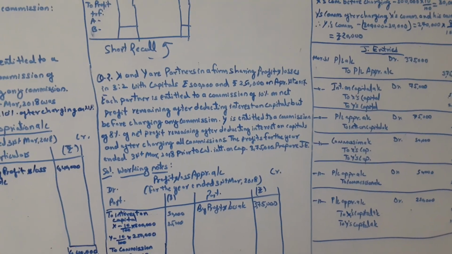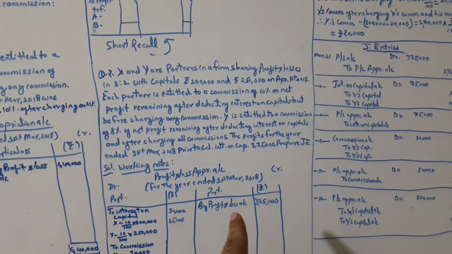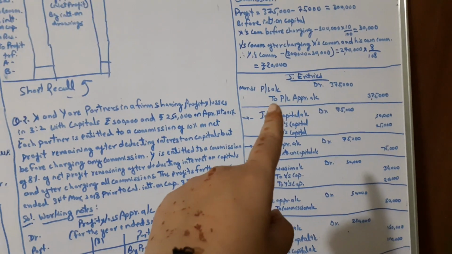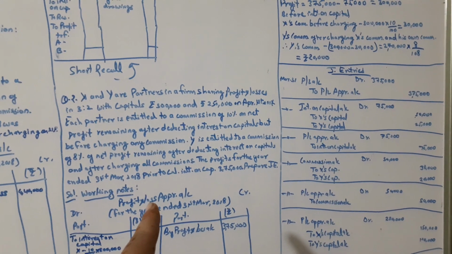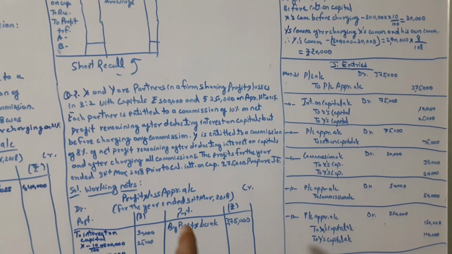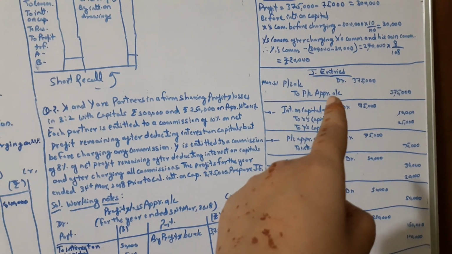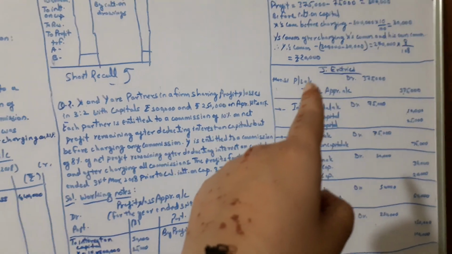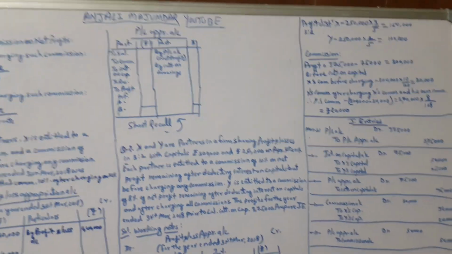Like in the first entry, for the first time we transferred this profit and loss amount here. So the entry goes like: profit and loss account debited to profit and loss appropriation account, because it is shown on the credit side. It means profit and loss appropriation account is credited. So if profit and loss appropriation account is credited, then the debit will be this amount, profit and loss account. This is just the general rule of ledger I am following, nothing special.